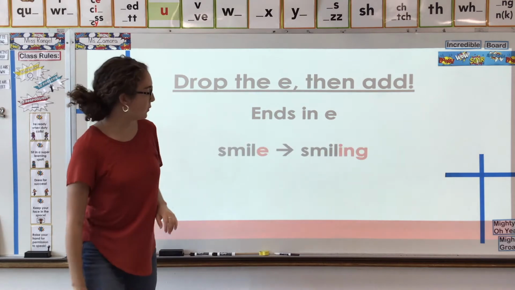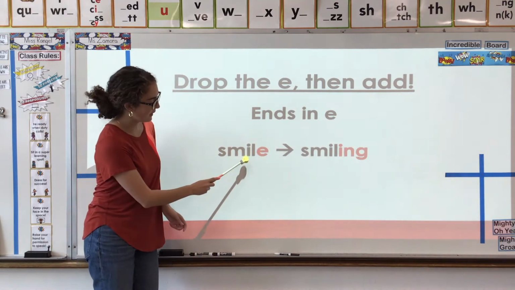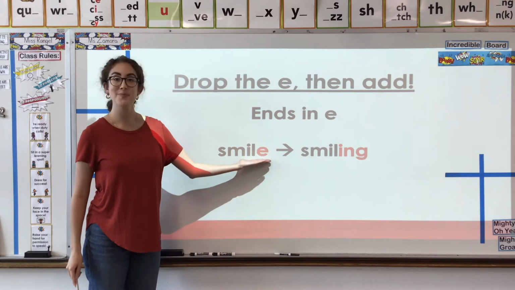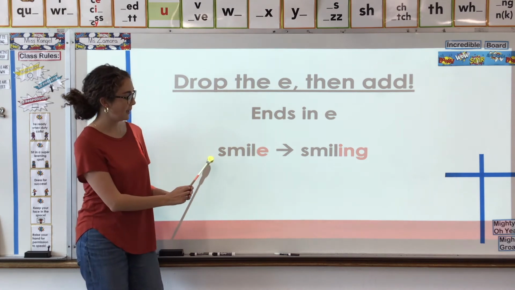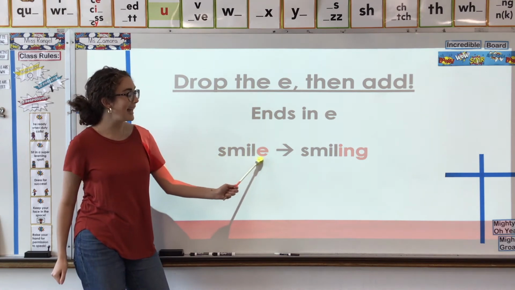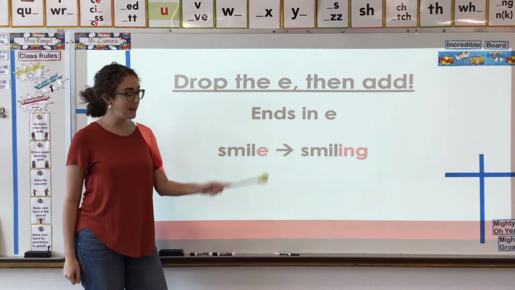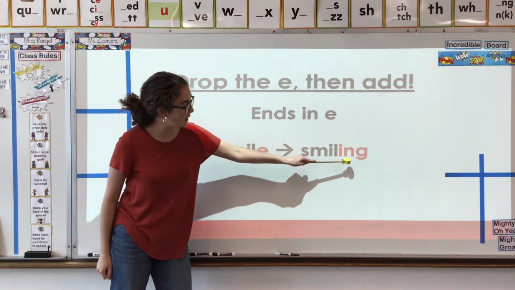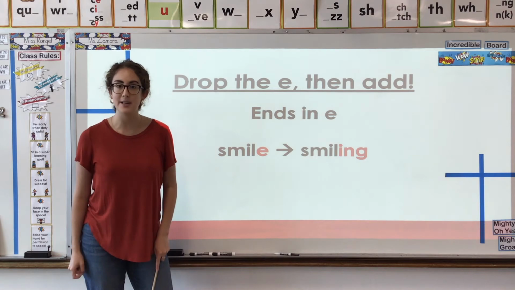For example, what word is this? Look, we have vowel, consonant E. So the word is smile, smile. When we want to add a suffix to the verb smile, look, that E disappeared. It got dropped, and then the ing was added.